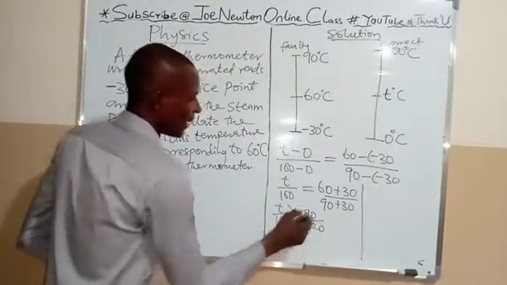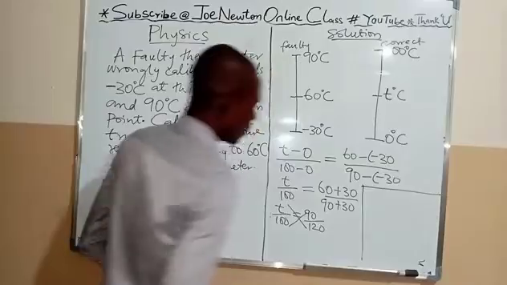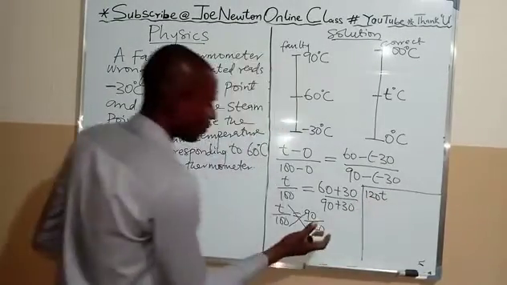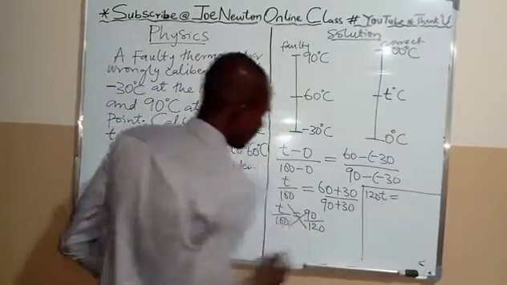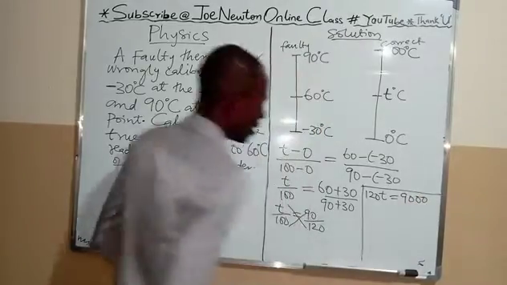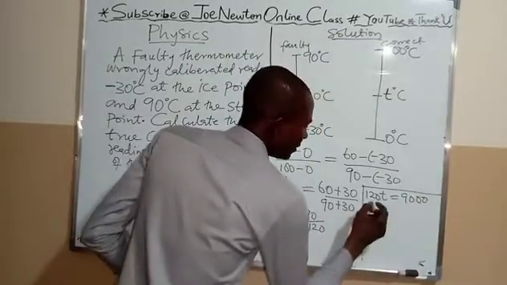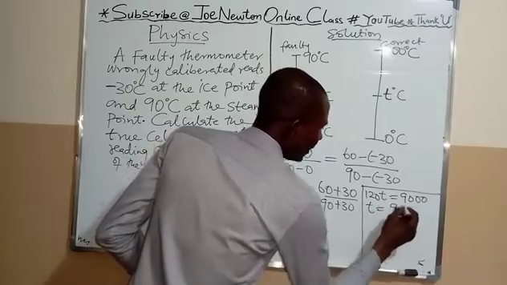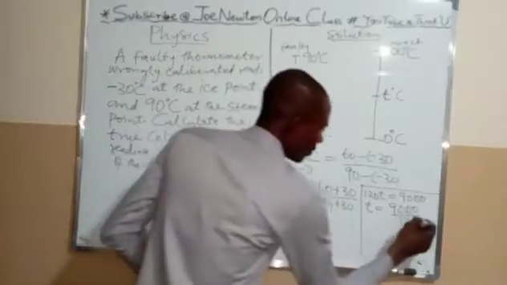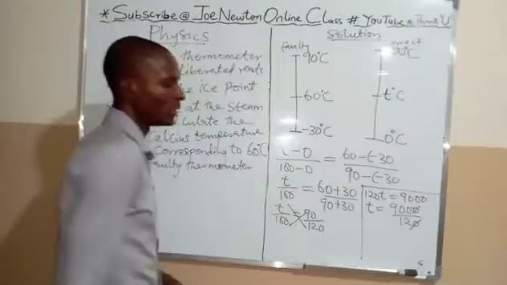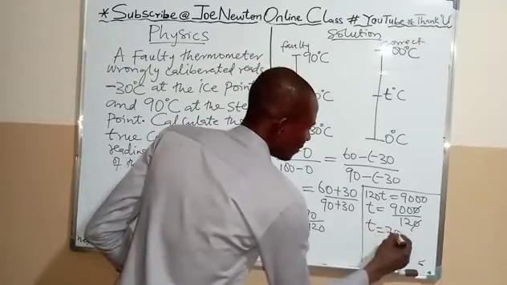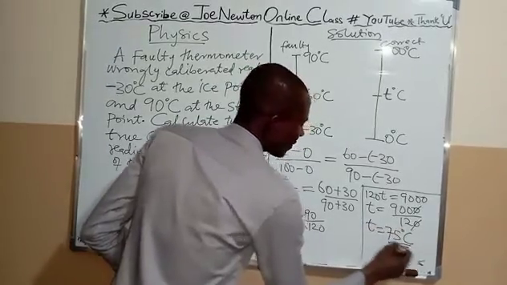Then we cross multiply. On cross multiplying, we have 120 times T equals 100 times 90, which gives us 9,000. Such that T will be equal to 9,000 all over 120. We now have that 0 cancels 0, leaving us with 900 over 12, and 900 over 12 gives us 75. So our answer is 75 degrees.